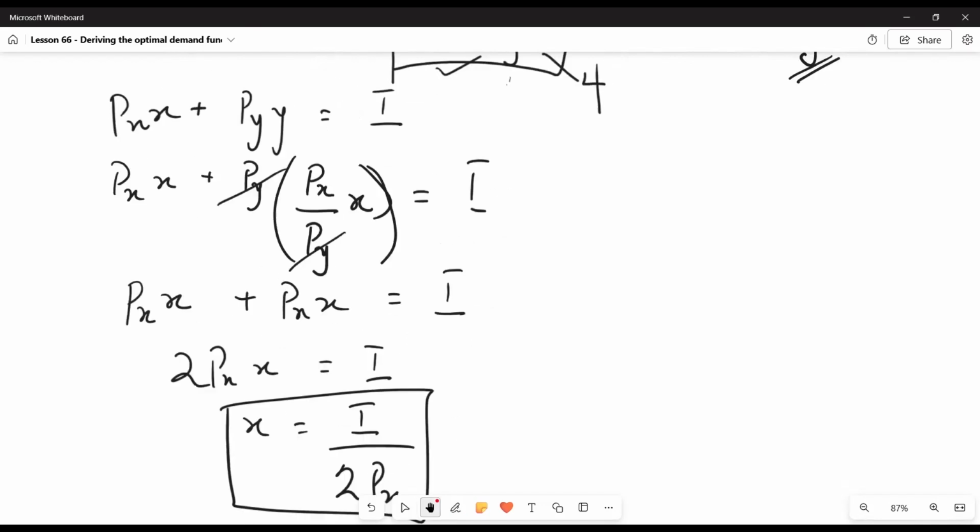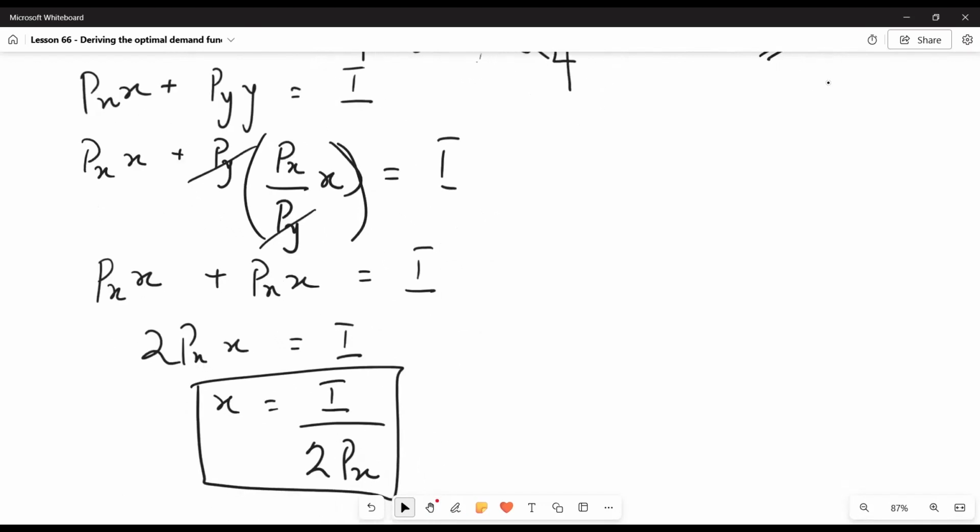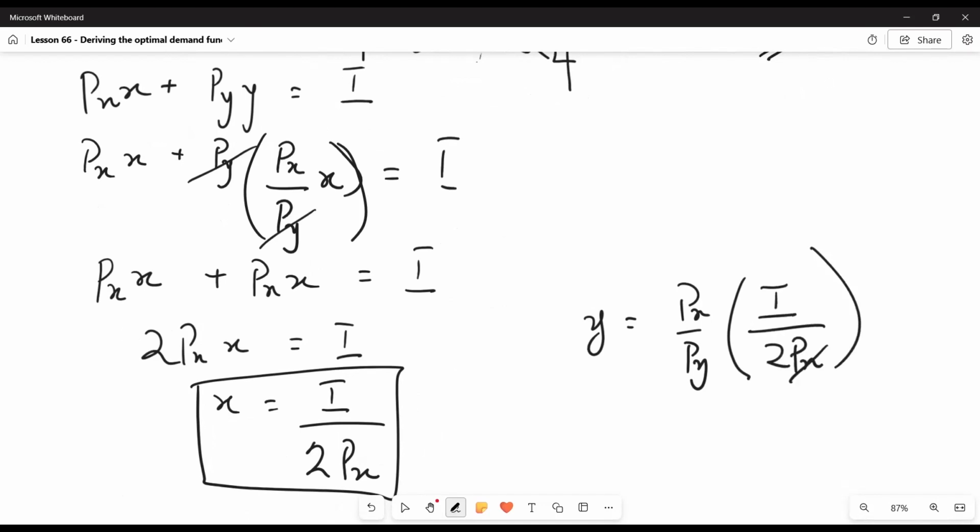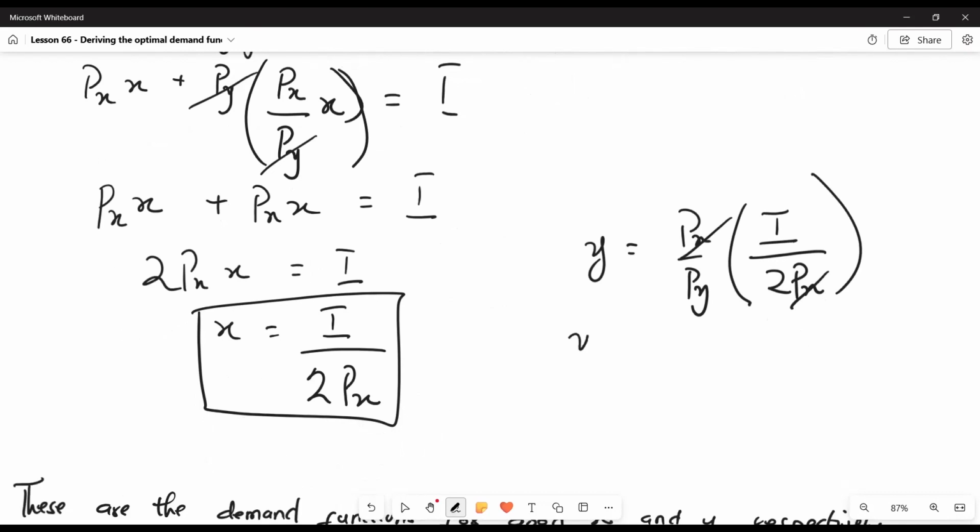Now we know y to be equal to the ratio of the two prices multiplied by x. So then we can find y as the ratio of the two prices multiplied by x, which is I over 2Px. Now, if we cancel these Px, then our y is simply I divided by 2Py.